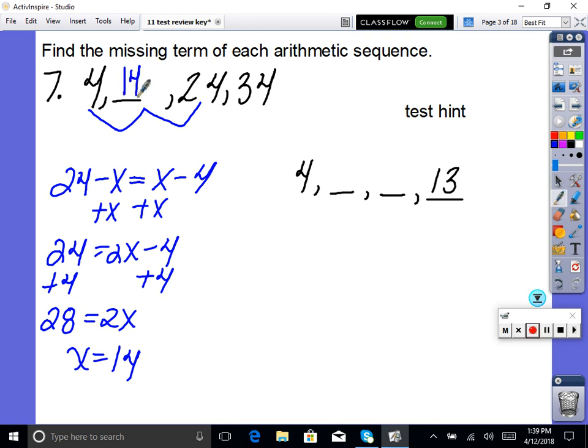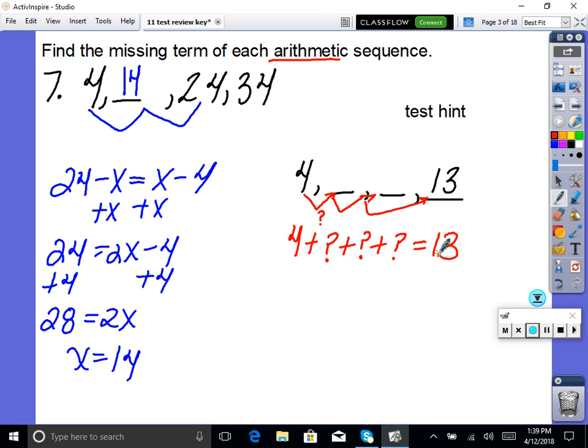However, if we were given something like this, where we are missing multiple things, we can't solve that way, because we can't put an x here and an x here because they're not the same value. So instead, you'd have to set up a true statement. Because we're told it's arithmetic, our true statement would be 4 plus something equals that, plus something again equals that, plus something again equals 13.